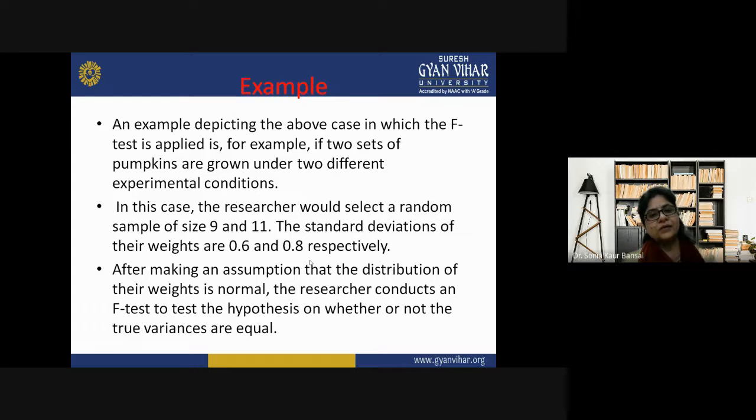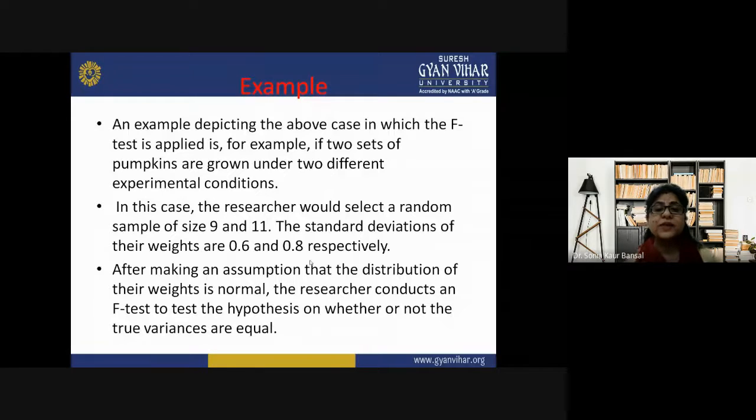In that case, the researcher would select a random sample of size 9 and size 11. The standard deviations of their weights are 0.6 and 0.8 respectively. The researcher has made an assumption that the distribution of their weights is normal.